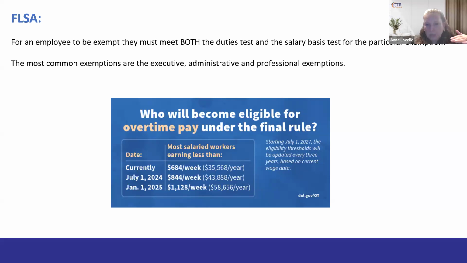It's going to go to $844 on July 1st. So anybody who earns less than that on July 1st is automatically non-exempt and is owed overtime if they work more than 40 hours in a week. And on January 1st, it's going to go up to $1,128 a week.